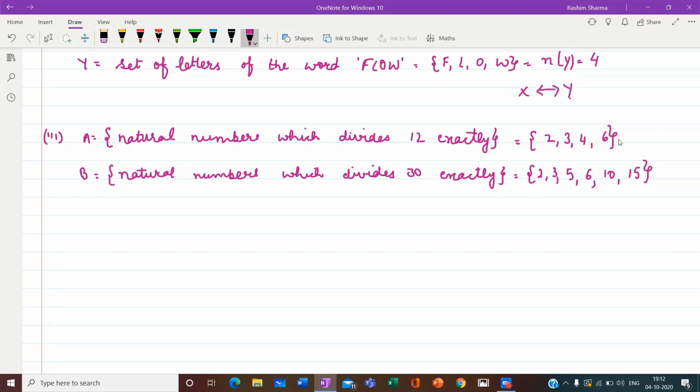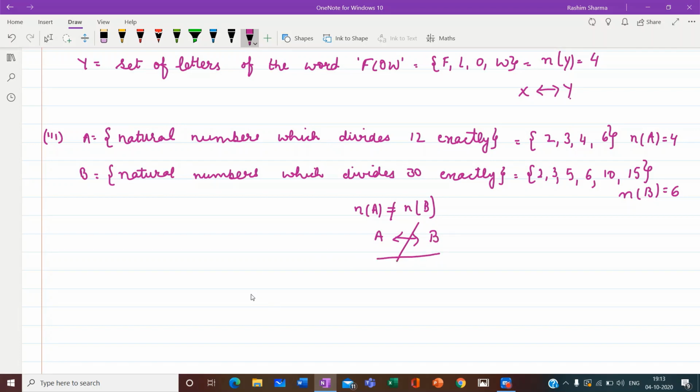Now the cardinal number of A is 4 and the cardinal number of B is 6. As the cardinal number of A is not equal to the cardinal number of B, A is not equivalent to B.